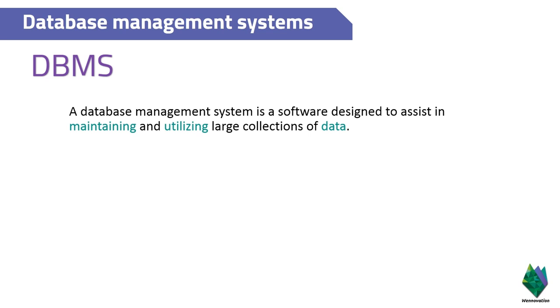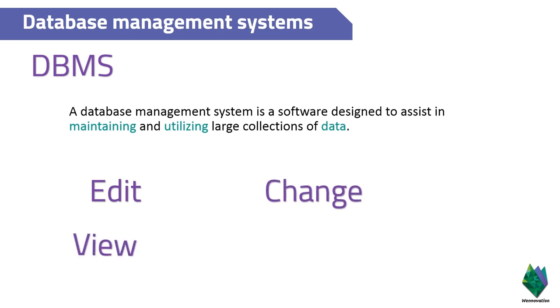This definition tells us that we are able not only to see the data, but also to edit it, change it, view it, and delete it. All these things can be done in the database management system software. It also provides us with another utility called database administration. What is database administration? We will be learning about that in our further videos. So let's just focus on the database management system now.